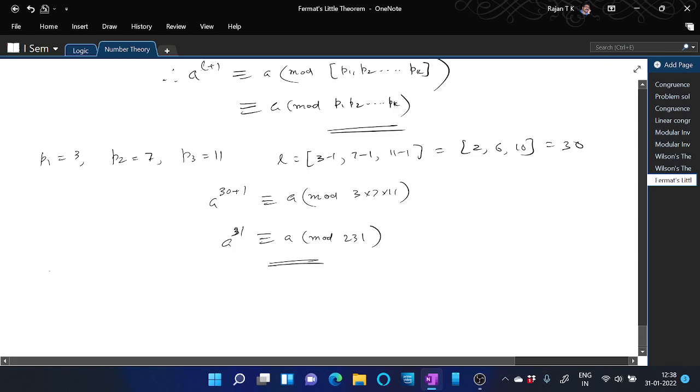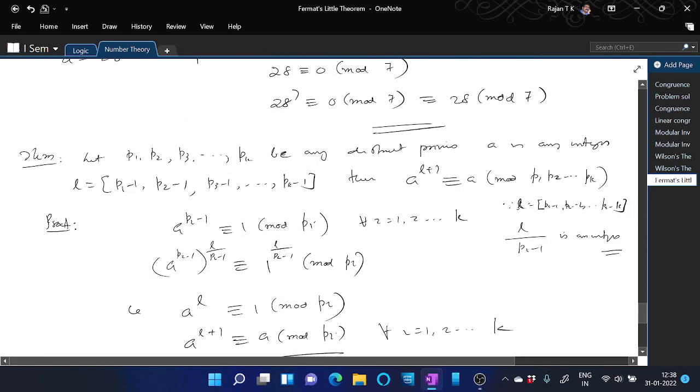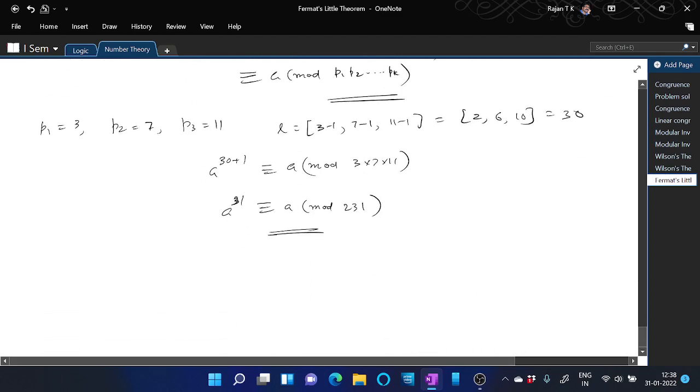Now there is a corollary to this theorem. That is, if P1, P2, etc., Pk are distinct primes, A is any integer and L is the LCM of Pi minus 1, then A raised to L plus 1 is congruent to A mod P1, P2, etc., Pk.